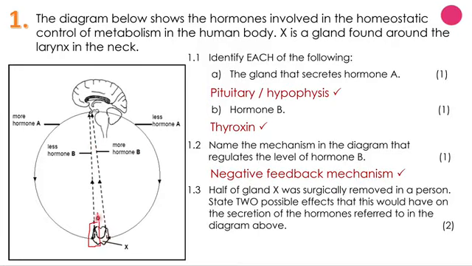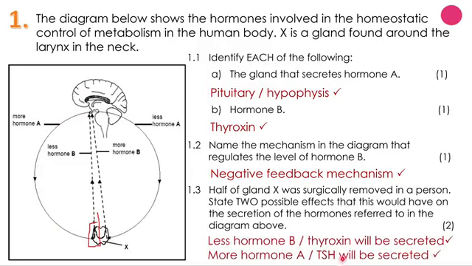And then if there's less of hormone B, hormone A is going to want to increase that amount. And the only way to increase the amount of hormone B would have to be by increasing the amount of hormone A. Right, so hormone B will be less and there will be more of hormone A.